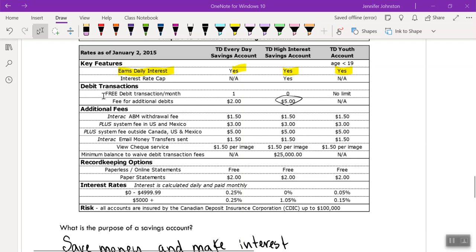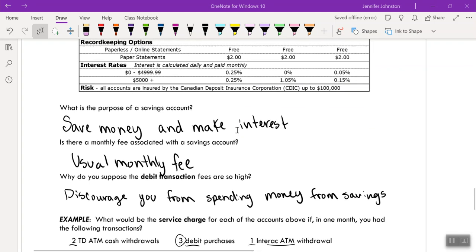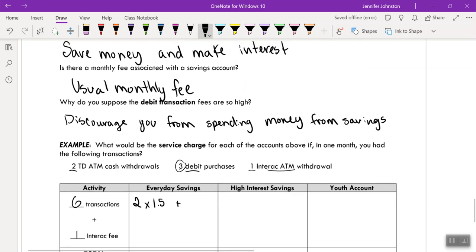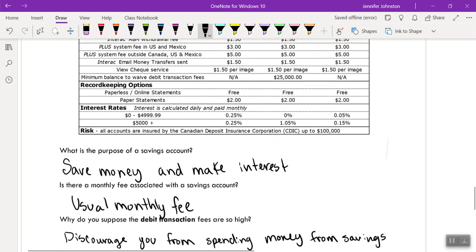However, since they're coming out of our savings account, it looks like we have to spend $1.50 on those. So if we have two of them, that'd be 2 times $1.50, for the two ATM withdrawals, and then 3 debit purchases.